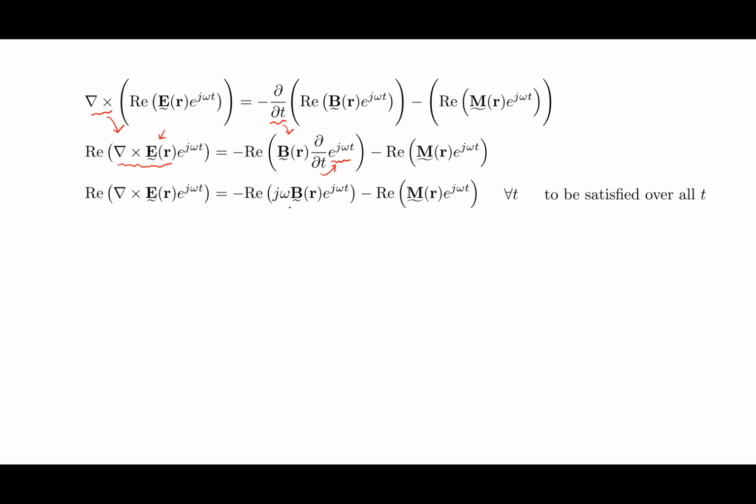So it can be equivalently represented in this way: the real value of the curl term, the j omega B field and the M field here, and it should be satisfied for all t. In order to satisfy this condition, we cancel this time dependence term, and these terms should be the same.